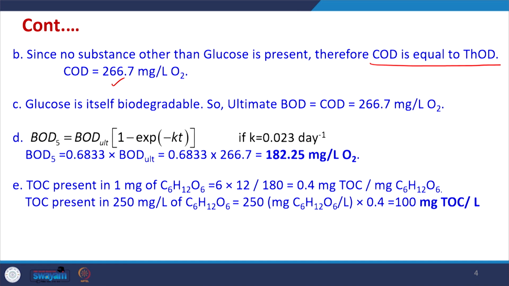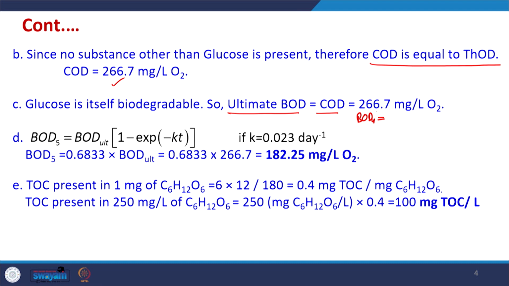Again, glucose itself is totally biodegradable, so the ultimate BOD will also be equal to COD itself. That means the BODu is also equal to 266.7 milligram oxygen per liter. So, this is also now known.